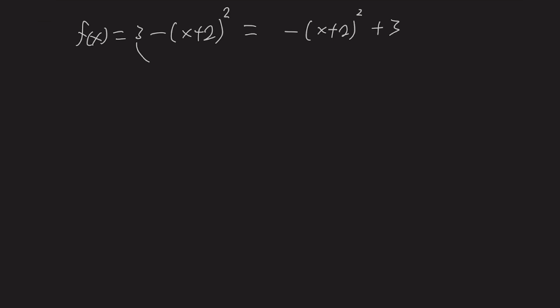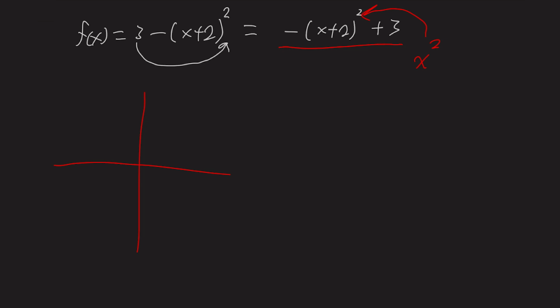All I did was pull the 3 and move it over here because addition is commutative. Now I need to identify the general function I'm dealing with here. I'm dealing with something that is generally an x squared, as you can see right here. So that's going to be the first thing I do when I graph the function: I'm going to graph a parabola.